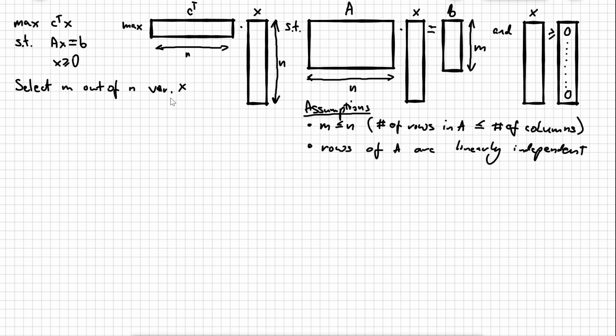So notice we will assume that the model that we have has m smaller or equal to n, which means basically that the number of rows in the matrix A is not higher than the number of columns in this matrix. And also we're going to assume that the rows in the matrix are linearly independent.